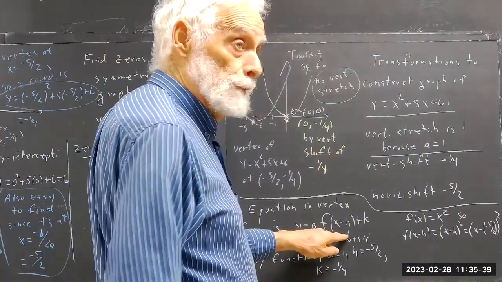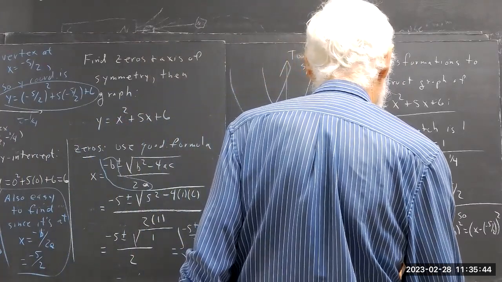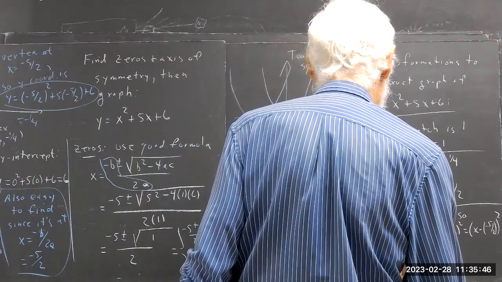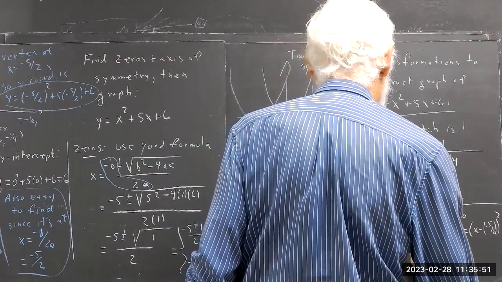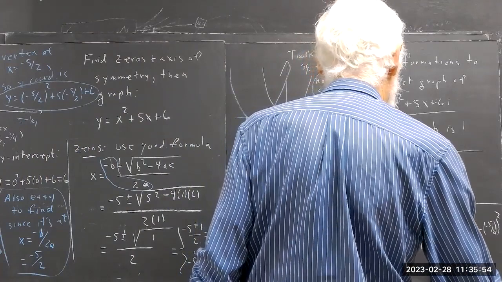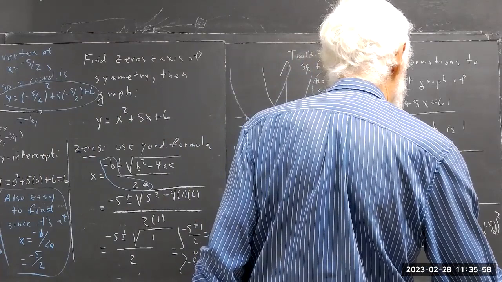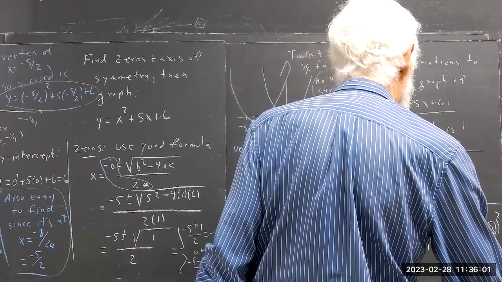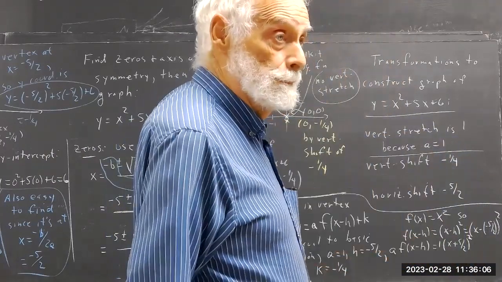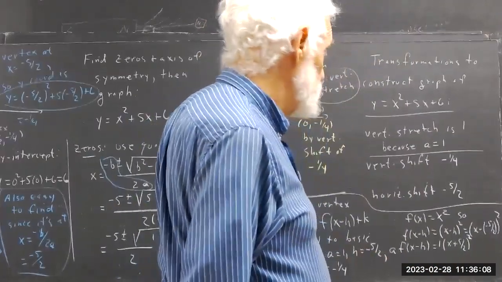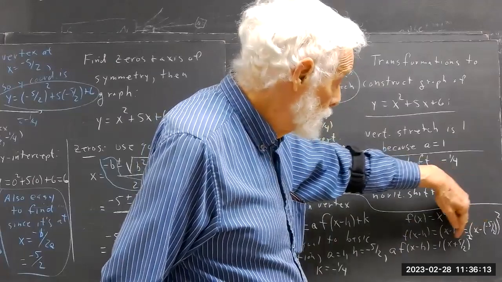So that's f of x minus h. a f of x minus h is 1 times x plus 5/2 quantity squared. Now, I'm taking the liberty of saying that x minus -5/2 is x plus 5/2.